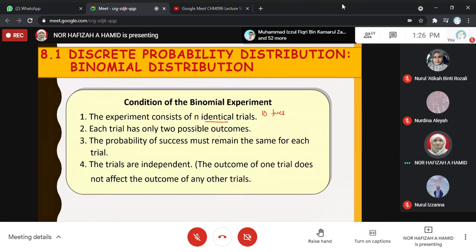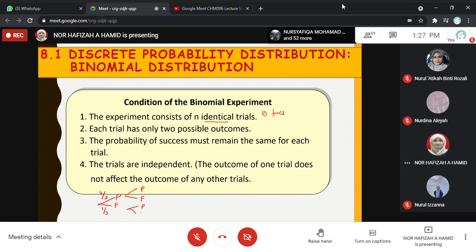Okay, lepas tu for number 3, the probability of success must remain the same for each trial. Contoh kalau you taking test tadi, contoh you ada pass and fail. So example pass dia probability you ada 2/3. Fail is 1/3. Okay, ni untuk first you ambil test. Untuk second, probability dia mesti sama.